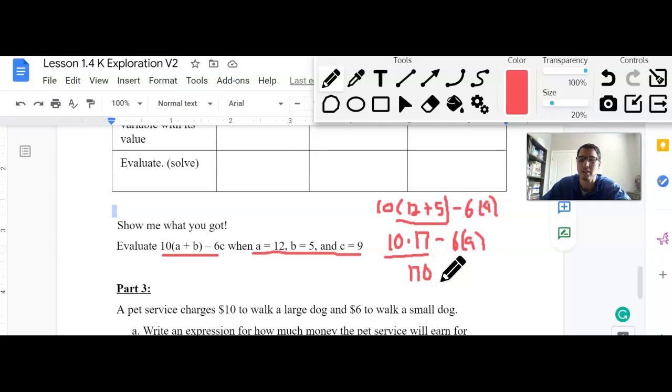So 170 minus 6, I can write it like this, times 9 if you'd rather do that. And 6 times 9 is our next step, which is 54. So 170 minus 54. I'm going to do this off to the side.